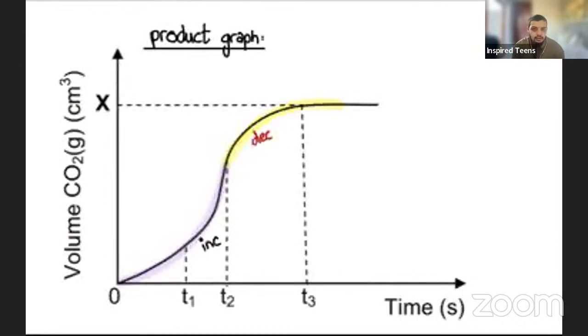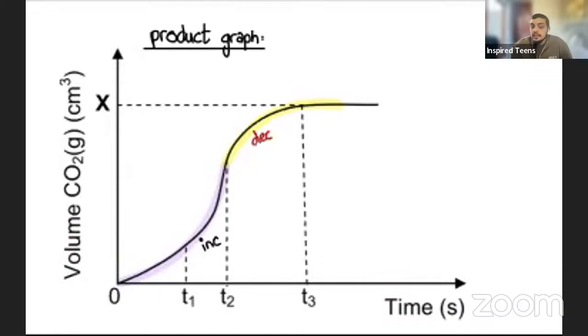And that's actually generally what happens in reactions. Initially you'll have an increasing rate of reaction. That's because the concentration of the reactants is high initially. But once we start using up those reactants, the concentration of those reactants decreases.